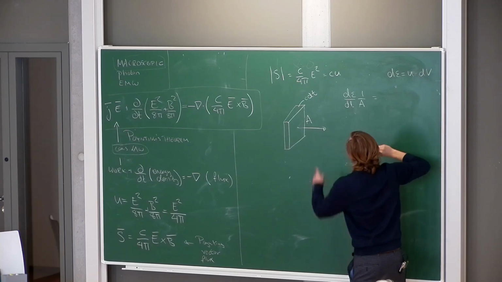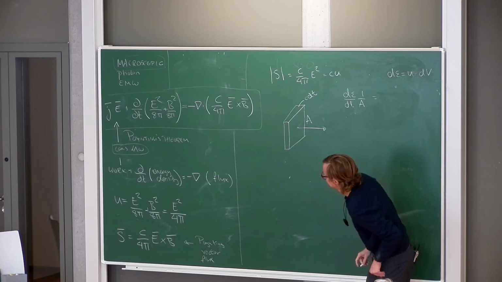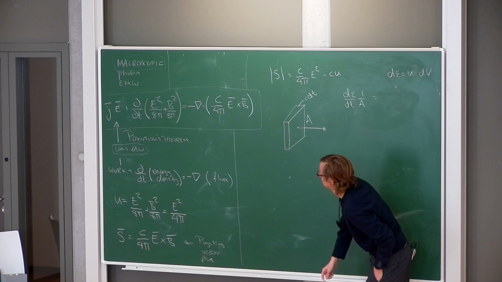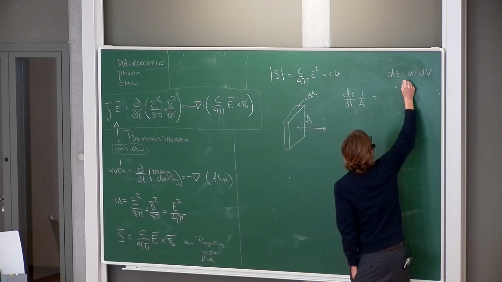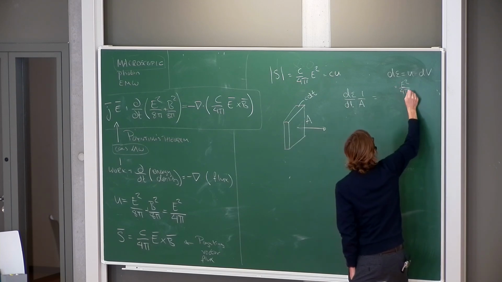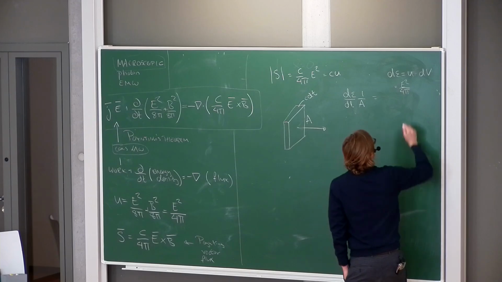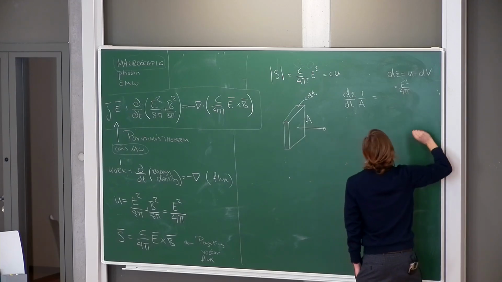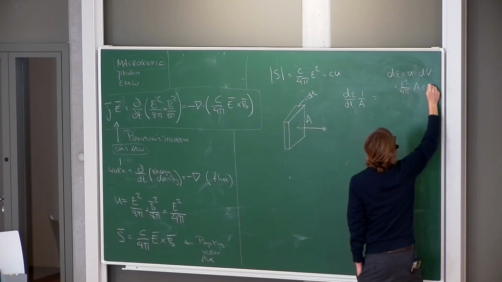And the energy density, if we just plug that in, was just E squared divided by 4 pi, right? And the volume in this case would just be A c dt.